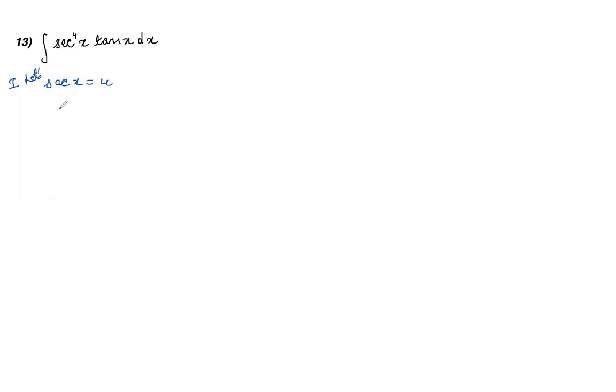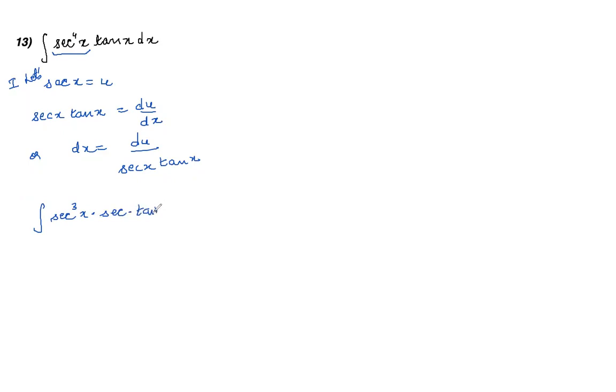Now I'll differentiate both the sides, so it would be sec x into tan x is equal to du by dx, or I can say dx is equal to du upon sec x tan x. Now I'll put the values back. I can put sec 4x as sec cube x into sec x into tan x, and dx I can put as du upon sec x tan x.